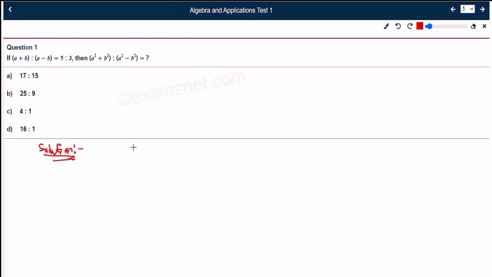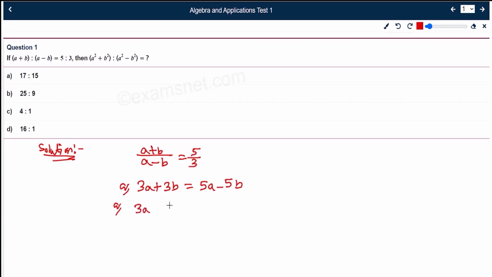Let's write the given expression as 5/3, and then in the next step we will do the cross multiplication there. 5a minus 5b. Now we would like to keep the like terms on the same side.